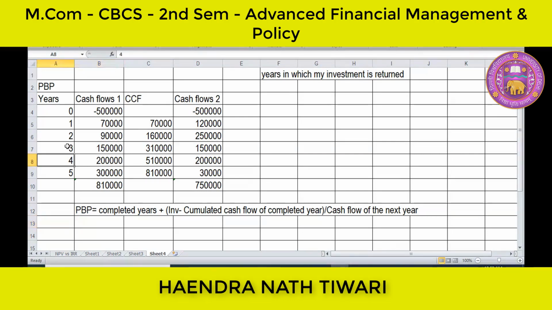3 years is my completed number of years, right? 3 years is my completed number of years plus what is the investment that I made? 5 lakhs. How much amount have I received in 3 years? That's accumulated cash flow in completed years. So in completed years, the total cash flow is 3,10,000.